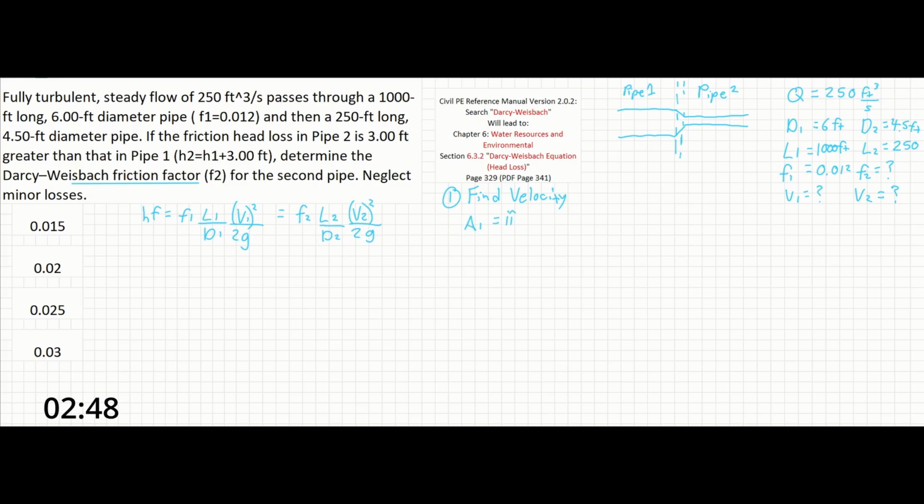So A1 equals pi d squared over 4, which will be pi times 6 feet squared over 4, equals 28.26 square feet. Area 2 will be pi times 4.5 squared over 4, which will give us 15.9.